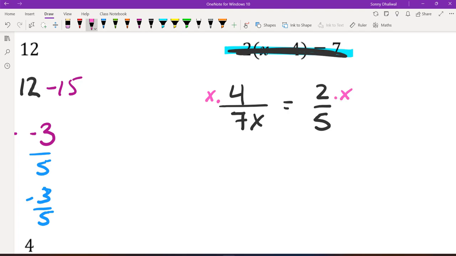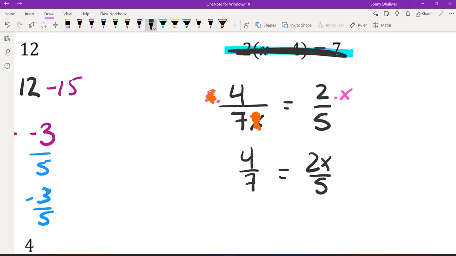Okay? And what this does is we cross out the x's here. And what we have left over is 4 over 7 is equal to 2x over 5. Okay? And now this is our starting point for the question, right?